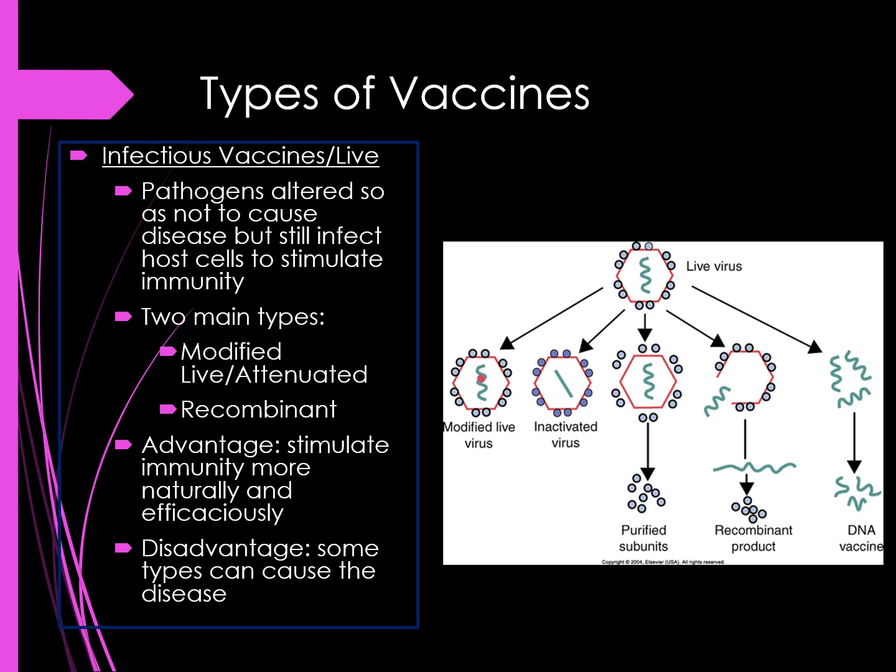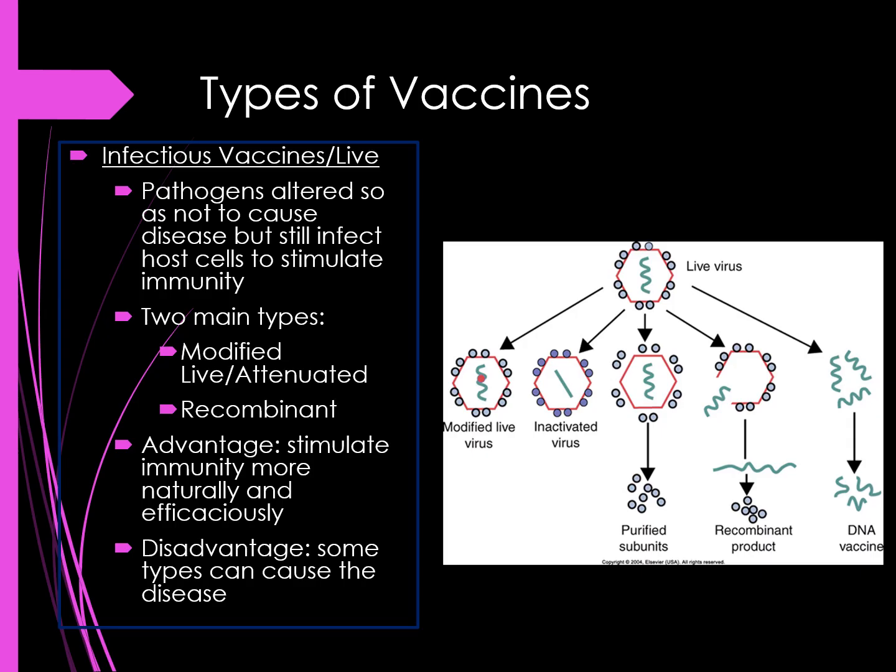The modified live vaccine uses a weakened form of the live virus, while the recombinant vaccines use a genetically engineered virus to express specific antigens, essentially creating a modified live virus with desired characteristics. So it's kind of like breeding the virus to get the part of it that we want.